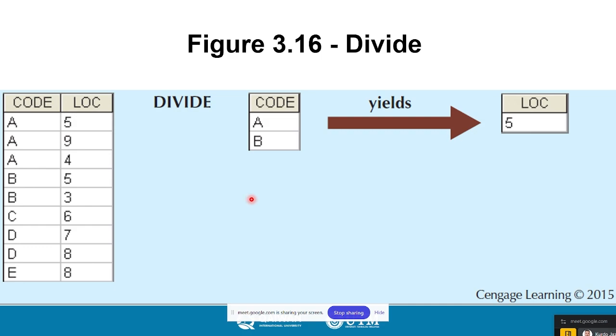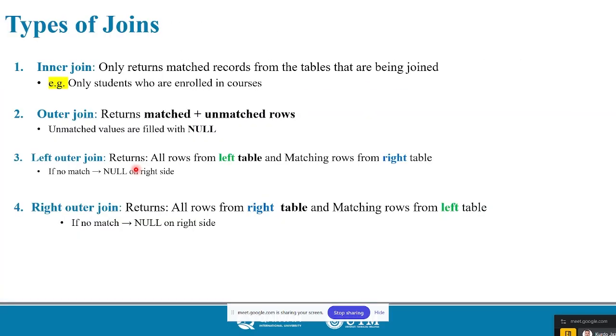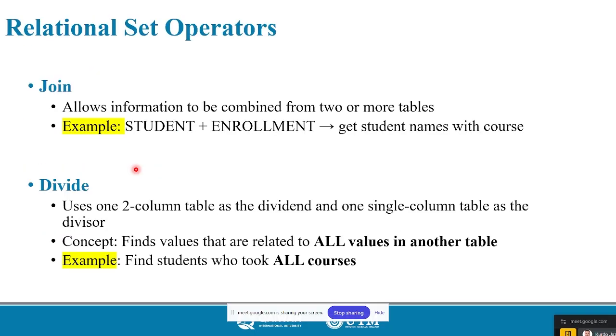Now we have divide. Divide is this: A, 3A, 2B, 1C, 2D, and 1E. If we divide this by this code, we will have the location 5. It will return as this. Now let's see why divide will return this for us.